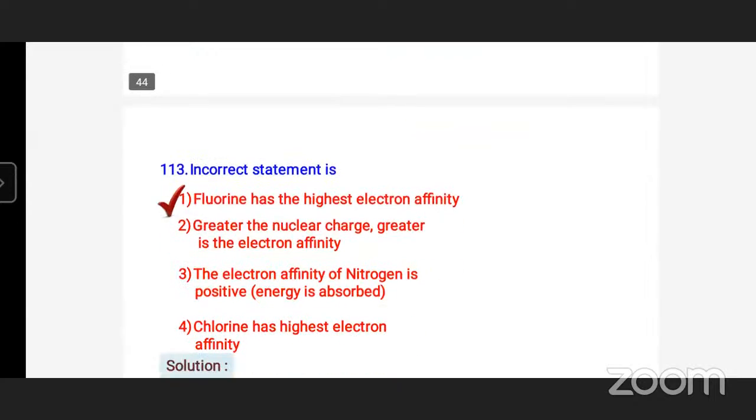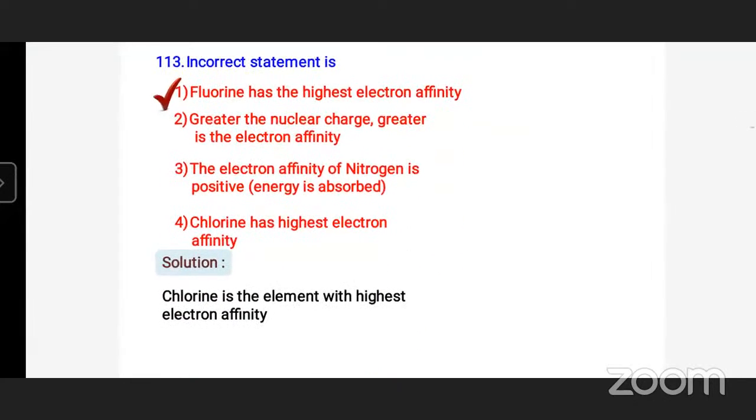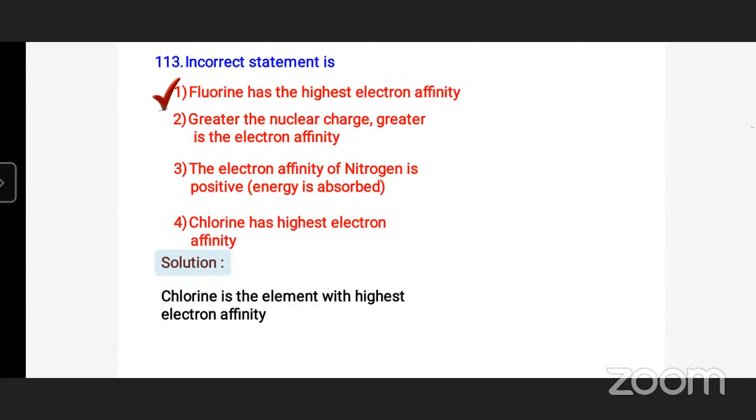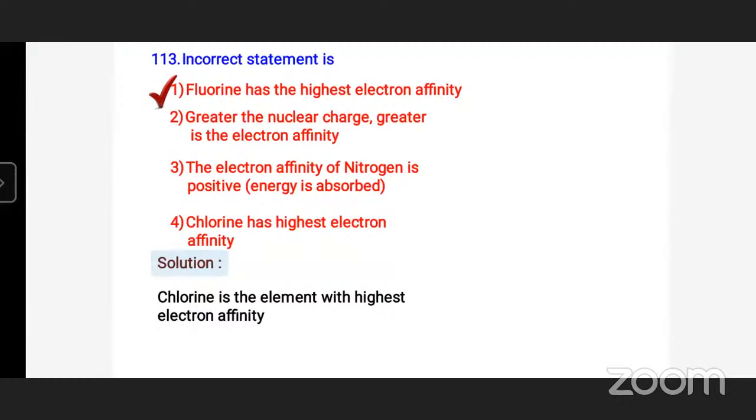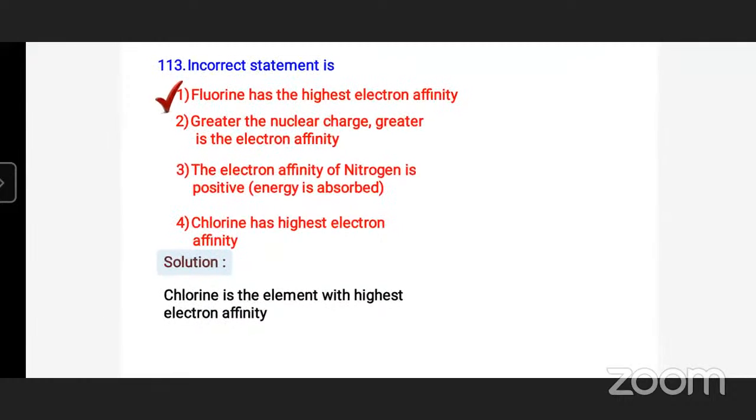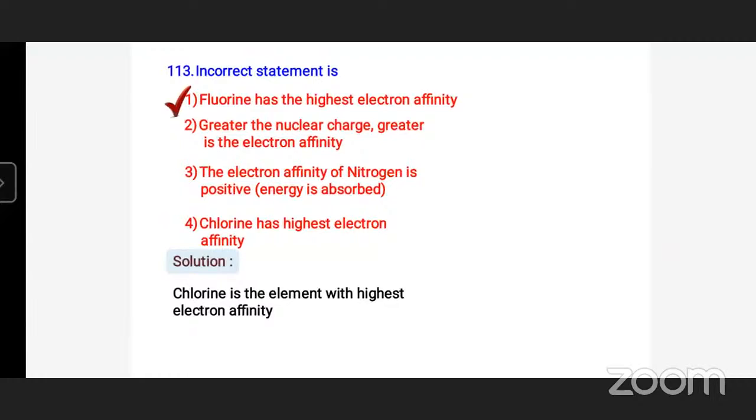Then next, the incorrect statement. First, fluorine has the highest electron affinity. Second, the greater the nuclear charge, the greater the electron affinity. Third, the electron affinity of nitrogen is positive, meaning energy is absorbed. Fourth, chlorine has the highest electron affinity. The second, third and fourth statements are correct.